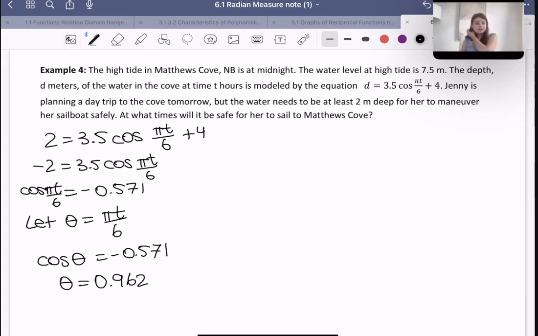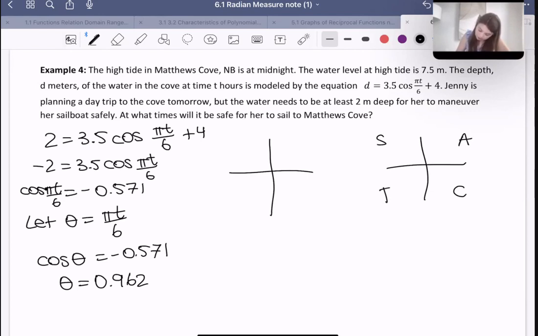Okay, awesome. So now let's figure out the different values we could have for theta given the situation. Cosine is negative here, so our first answer is going to be in quadrant 2, and our second answer will be in quadrant 3. I'm just going to label these.